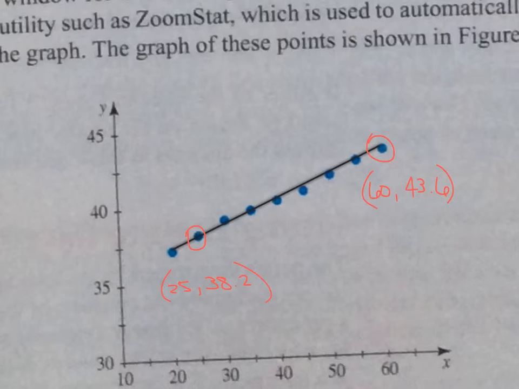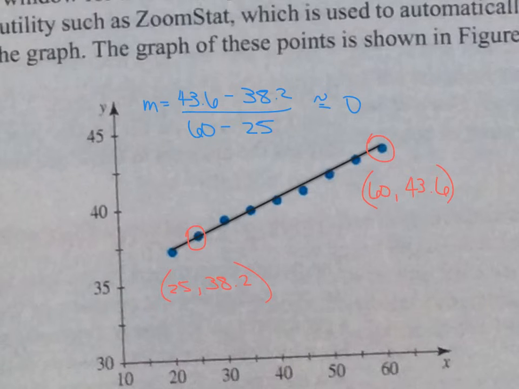So given that information, we are able to write the slope, which is going to be the difference in the y's over the difference in the x's, giving us a slope of approximately 0.154. That is the slope.